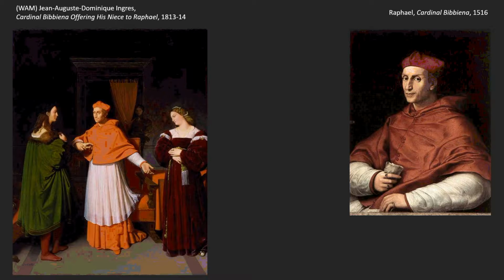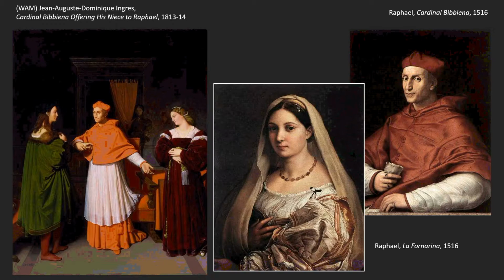So again, as a neoclassical work, it's not looking back at ancient Rome, but it is looking back at the Italian Renaissance. It's a very, very classical period, right? So he modeled Cardinal Bibbiena after a Raphael, Cardinal Bibbiena. The daughter is another portrait by Raphael from the same year, also hanging in the same gallery in Florence.